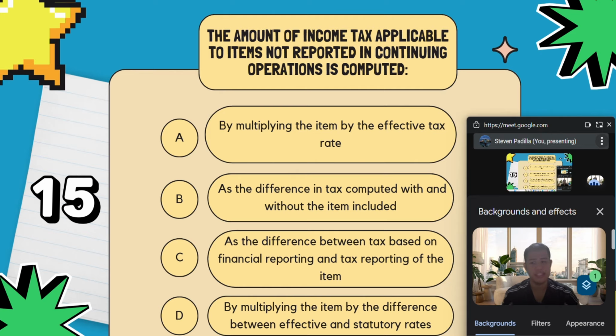This isolates the specific tax impact of that individual item, leading number 15 to the answer of letter B, the difference in tax computed with and without the item included. Okay, so let's proceed to number 16.